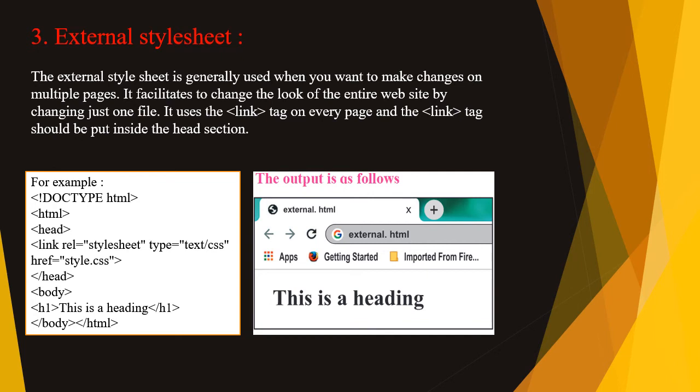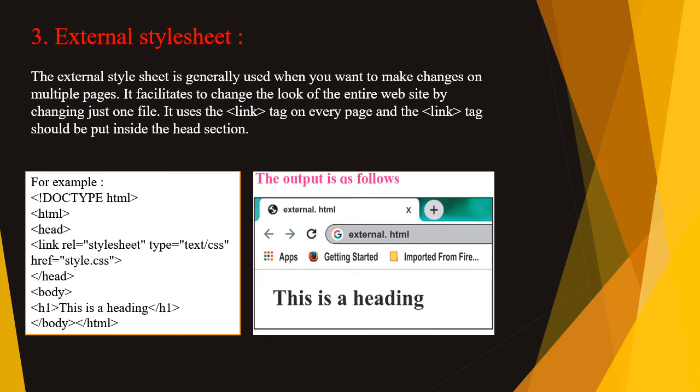Within that text file, you have to apply style. For example, you are applying a style to the H1 element, P element, body element, then it will be saved as, suppose, p1 dot css.